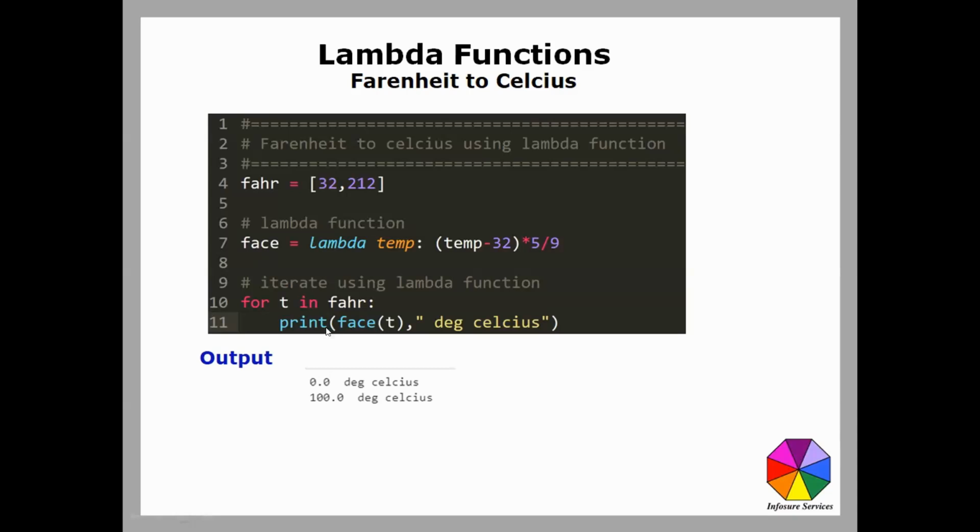This is a variable, fc of t. This t will get substituted for the temperature in this definition, and then it will return the value of this formula. So fc of t will return the first value: 32 will get substituted here, and it will give you 0 degrees Celsius.